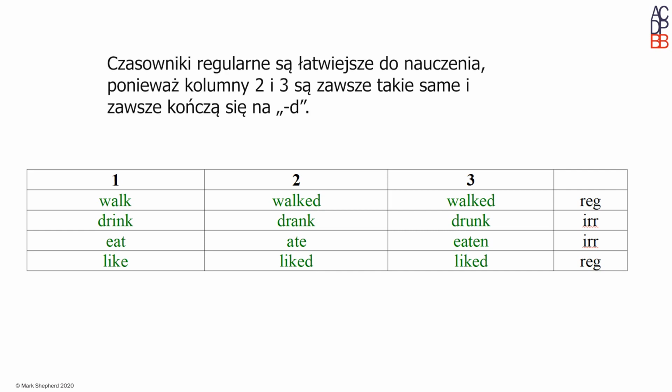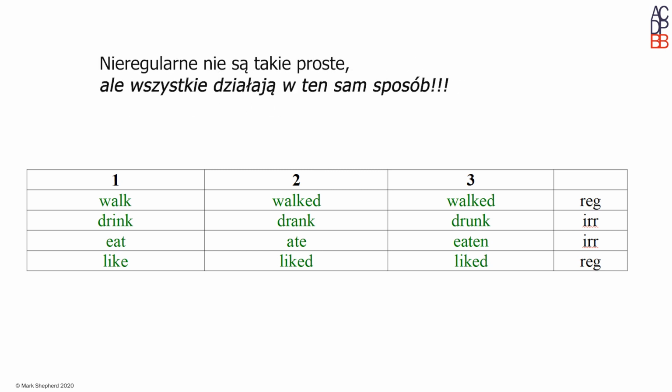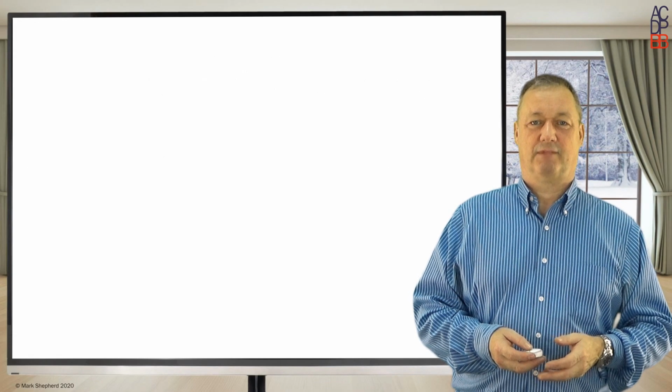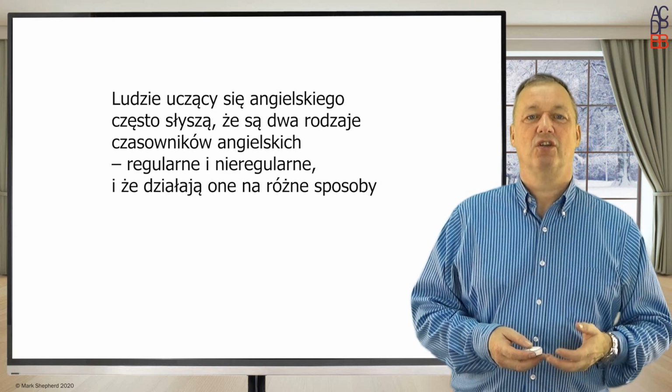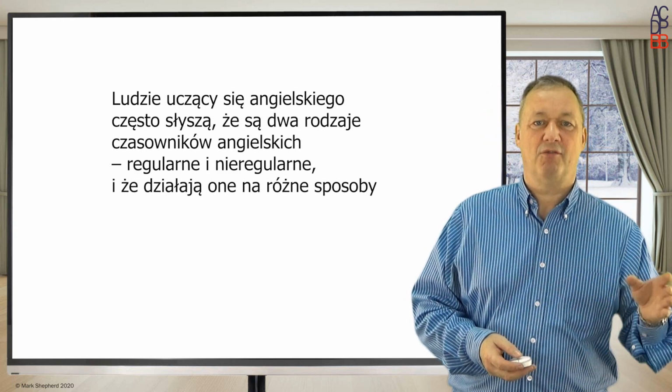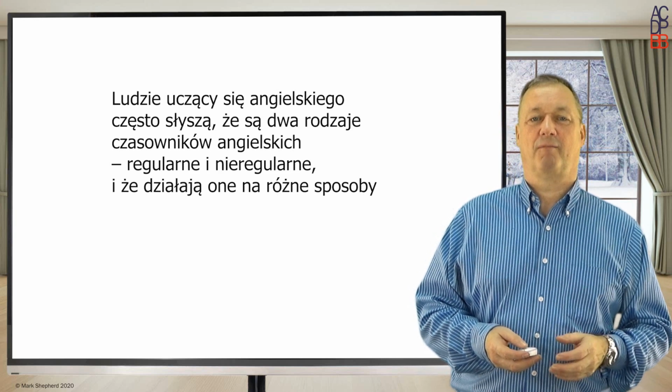The regular ones are easier to learn because column 2 and column 3 are always the same and they always end in d. The irregular ones are not as easy, but they all work in the same way. People learning English are often told that there are 2 types of verb in English, regular and irregular, and they work in different ways.